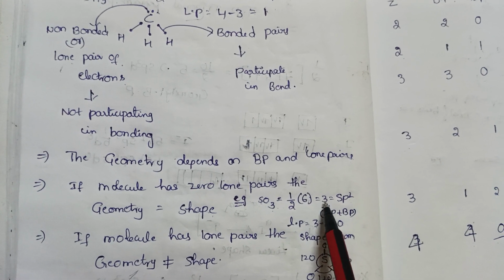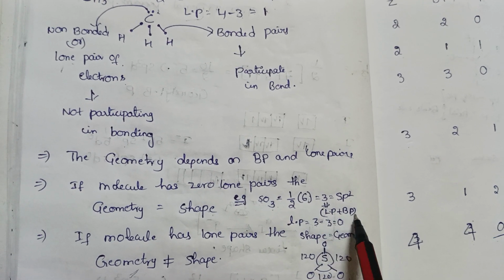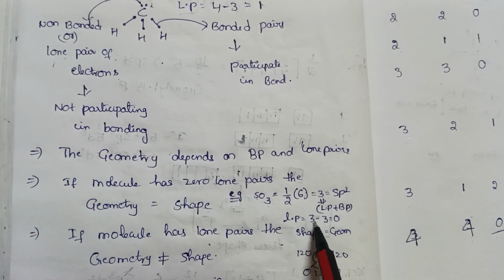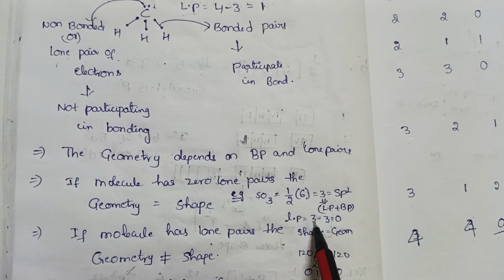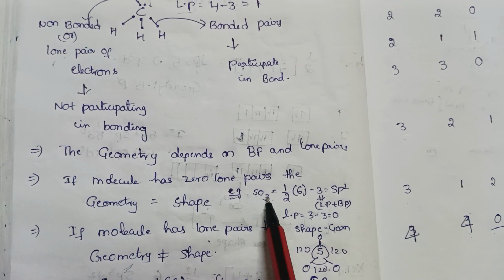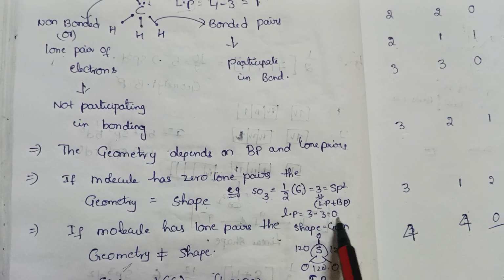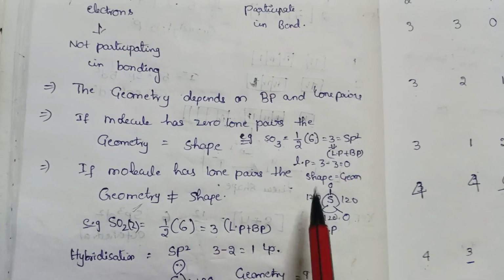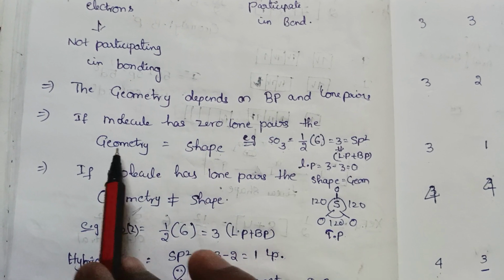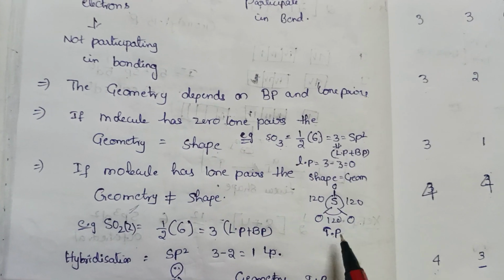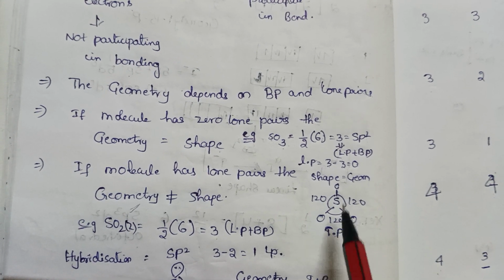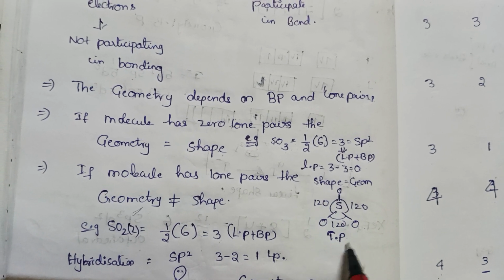This Z value equals lone pairs plus bond pairs. Lone pairs equal the Z value 3 minus the 3 surrounded atoms, so 3 minus 3 equals 0. In the SO3 molecule there are 0 lone pairs, so the geometry equals the shape. Here the geometry is trigonal planar, and the shape is also trigonal planar.